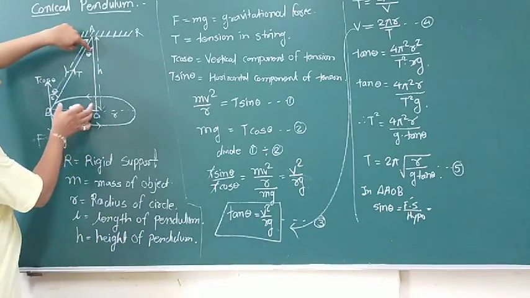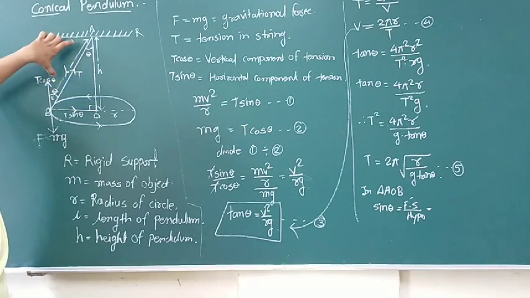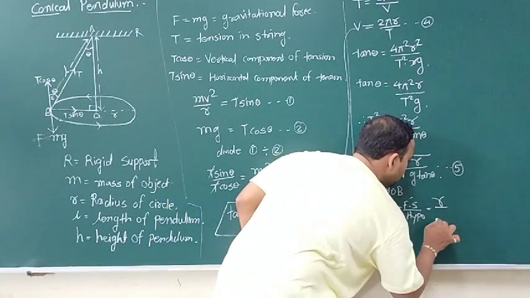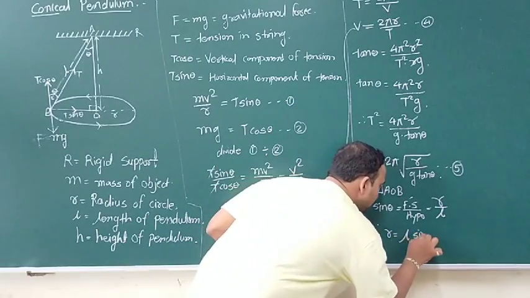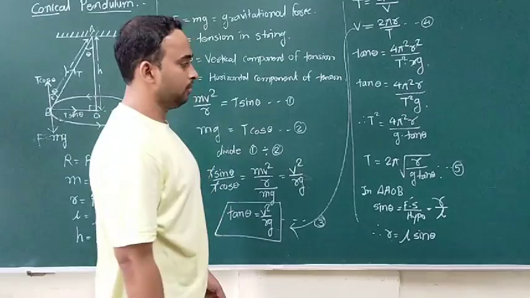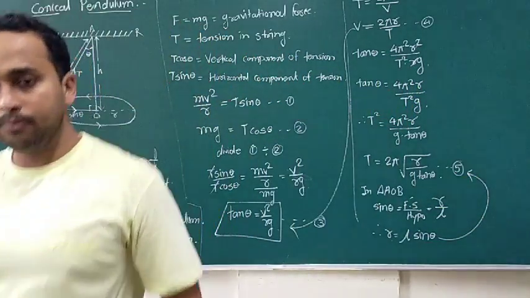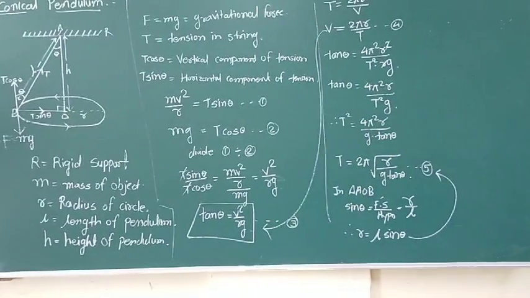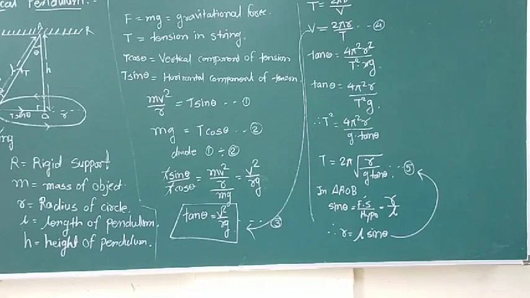Theta is here, so the front side is the radius and the hypotenuse is L. That means R upon L. Therefore, R is equal to L sin theta. Now substitute the value of R in equation number 5.